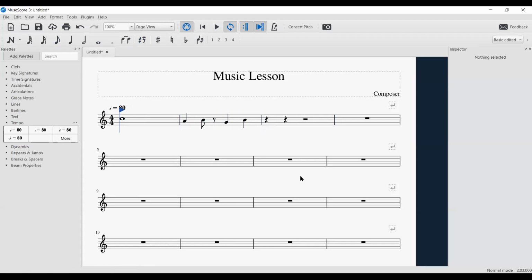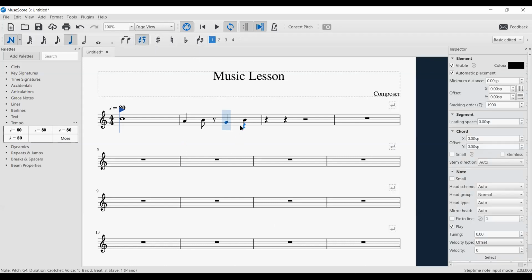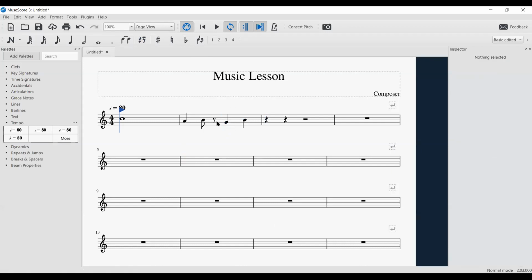And yes, we have different kinds of rests. Depending on the note you're looking at, it will automatically change to the rest you're applying. So you can have a 32nd note in the beat.